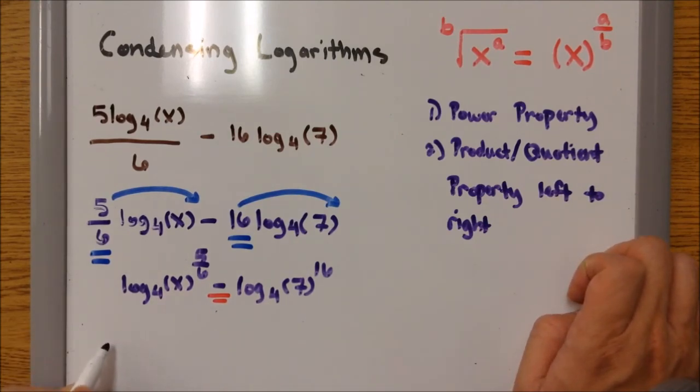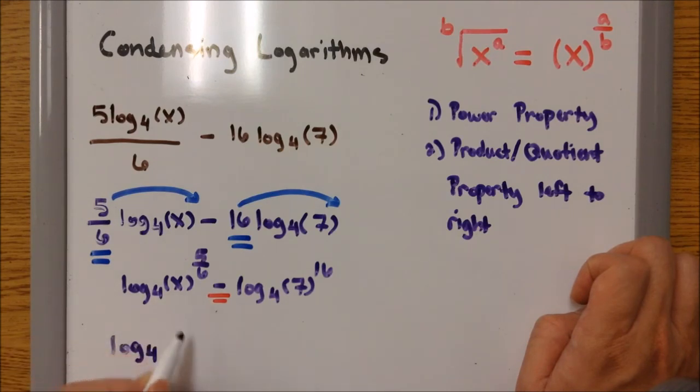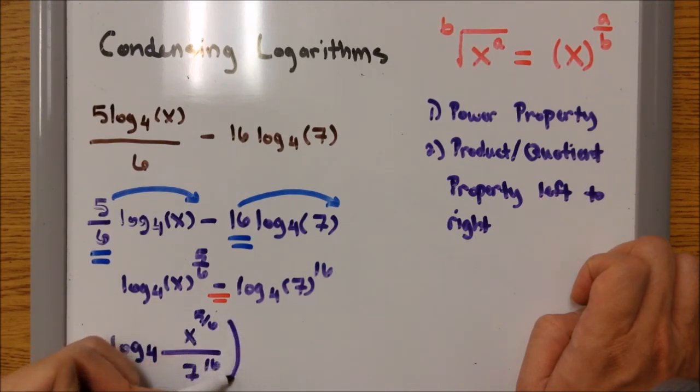So log base 4, and then what comes first is the numerator. So this x to the 5/6 power over 7 to the 16th power. And close it with parentheses.